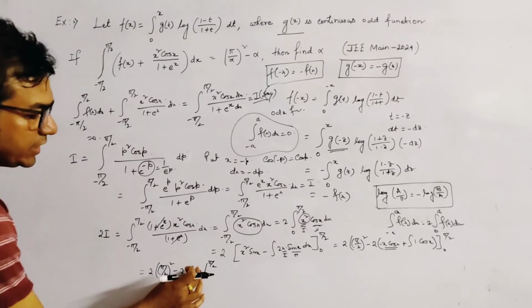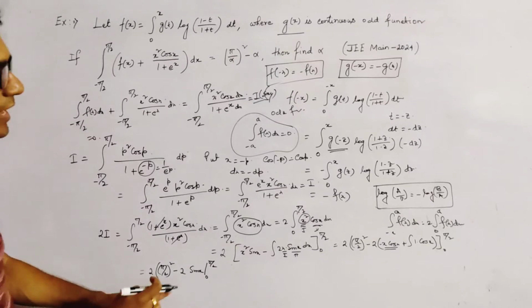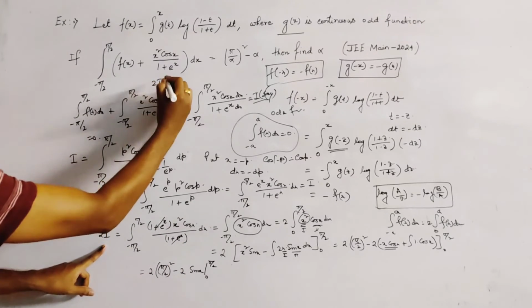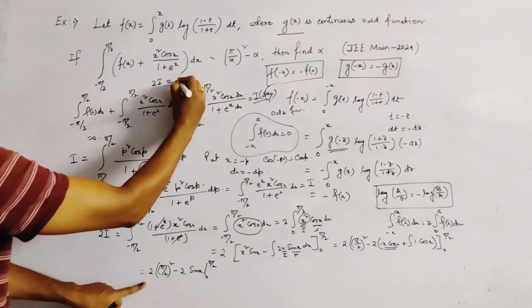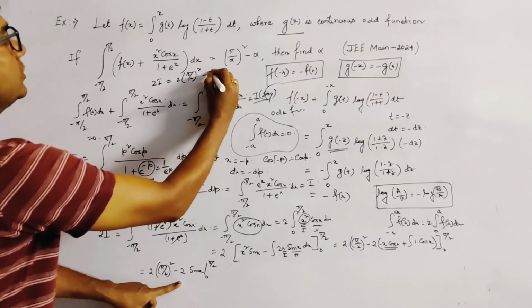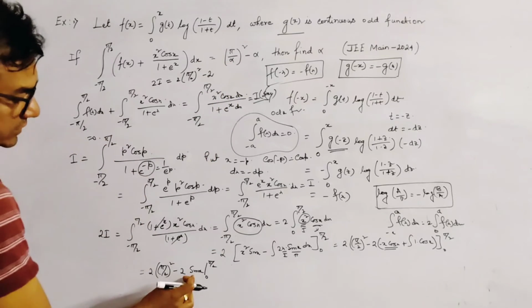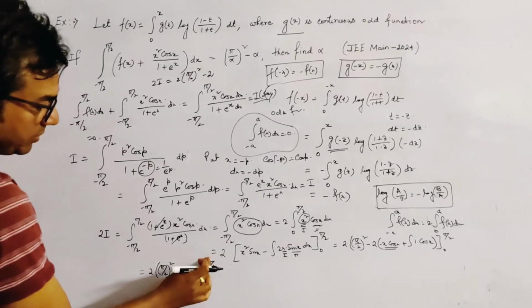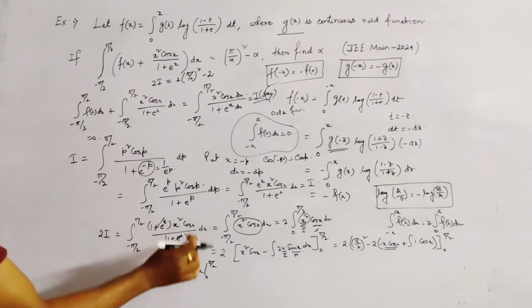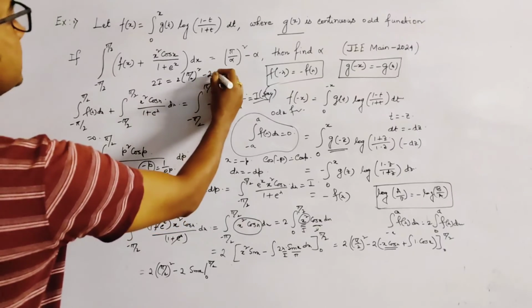We put the range here, and the left hand side is 2I, so 2I equals 2 into (pi by 2) whole square minus 2, because sin of pi by 2 is 1, so we get into 1.